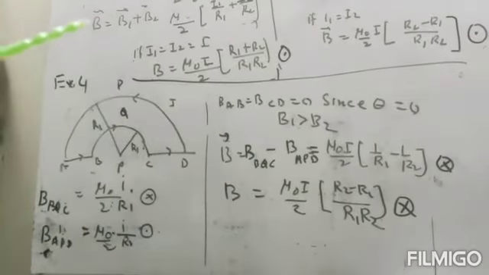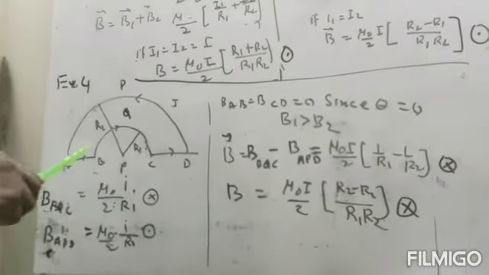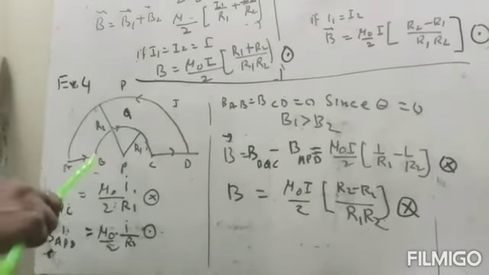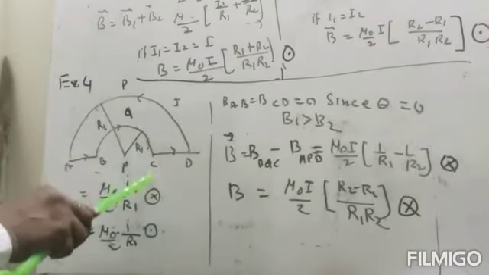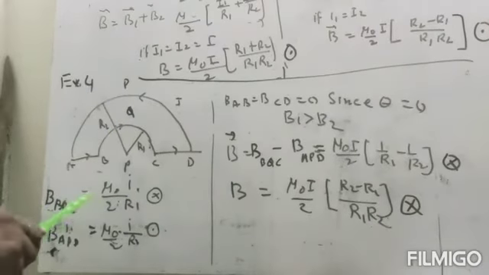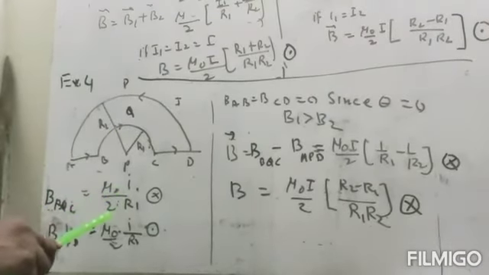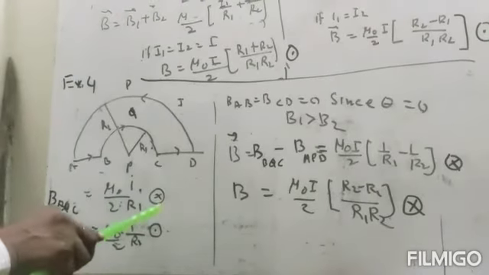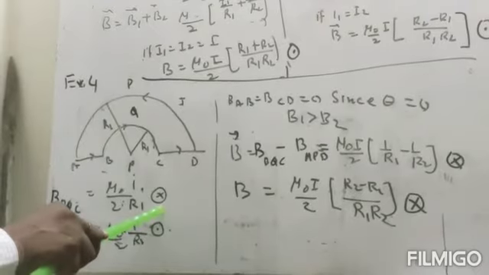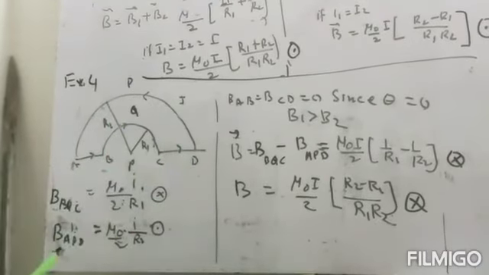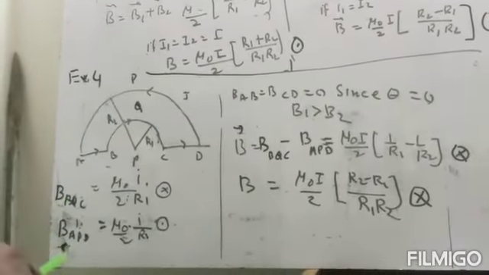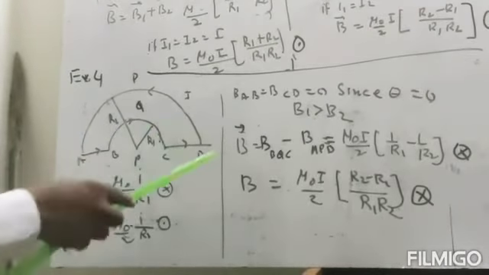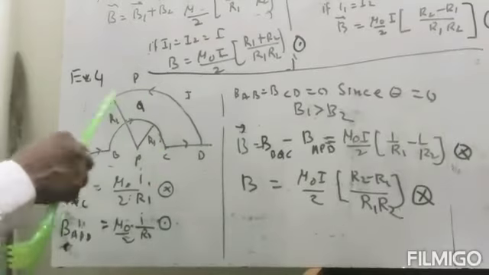Here we take the inner semicircle BQC. Then the magnetic field BQC will be equal to mu0 I1 divided by 2R1 (for a semicircle), and its direction is inward. For the second semicircle, the magnetic field for BPA is anti-clockwise here and clockwise there.